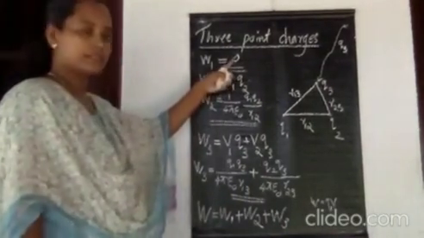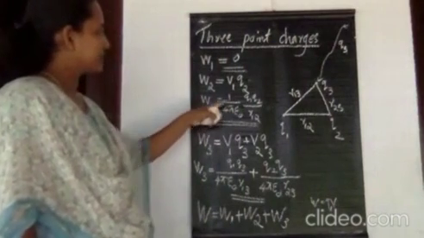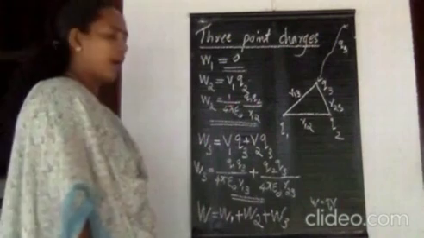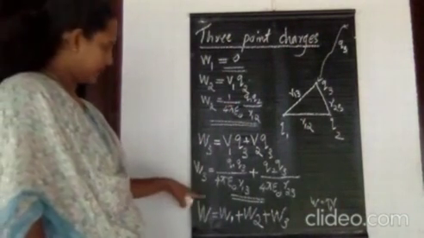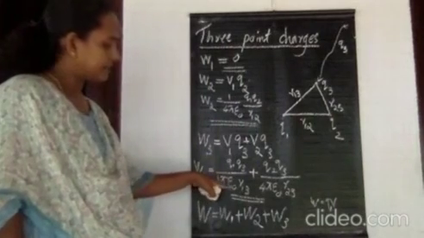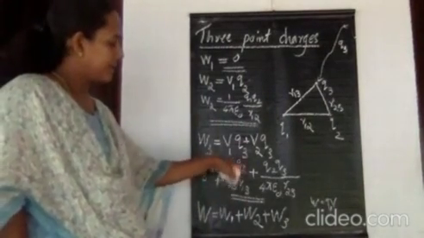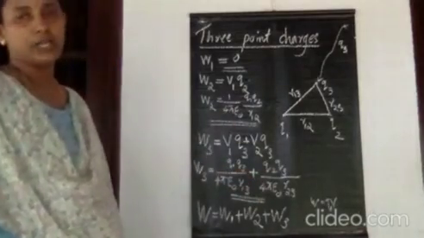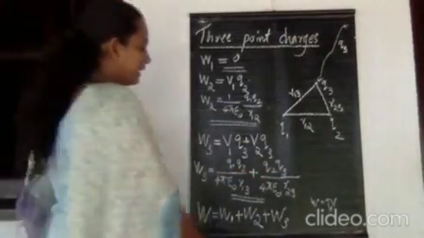W1 is 0, plus W2. What is W2? That is Q1 Q2 divided by 4 pi epsilon 0 R12. What is W3? W3 is Q1 Q3 divided by 4 pi epsilon 0 R13 plus Q2 Q3 divided by 4 pi epsilon 0 R23.